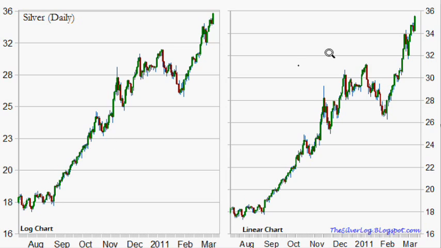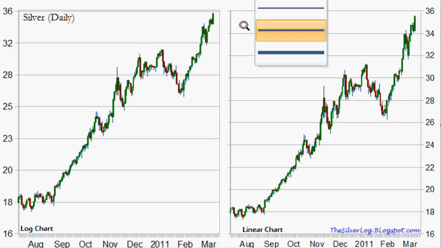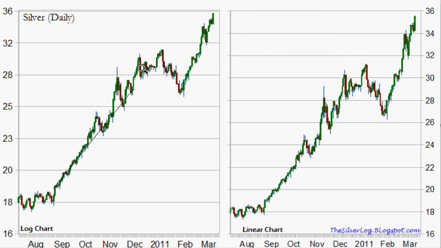And for example, this is a logarithmic and linear chart. It's a little bit harder to tell the difference of the two, but they start to break away as this thing moves higher. The trend line that I used back in the later part of last year, or the start of the rally, we will say, was this trend line in here.